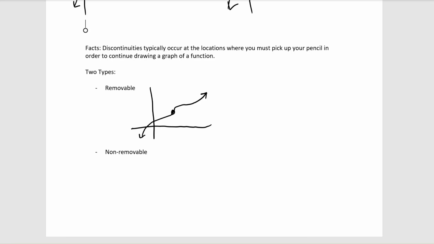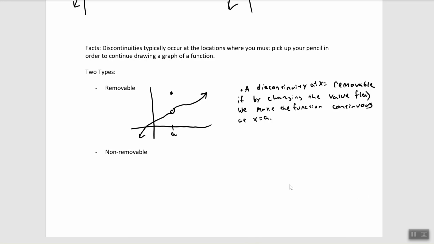So a function has a removable discontinuity if by changing the value of one point on our function, we can make it continuous. Redefining the function at this one point a, we could make it continuous here. That's what makes it removable.